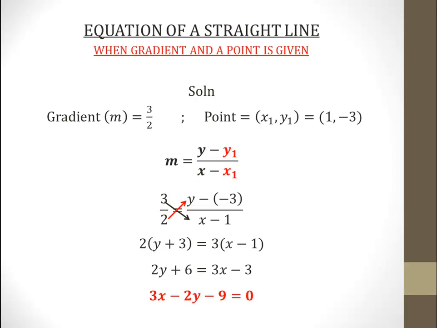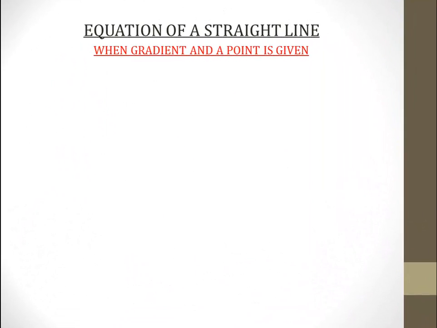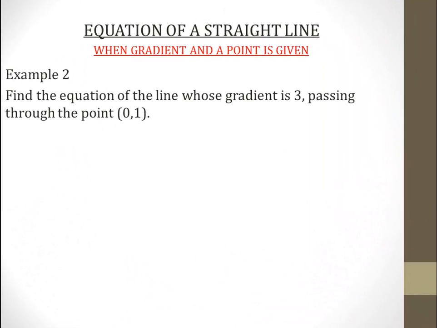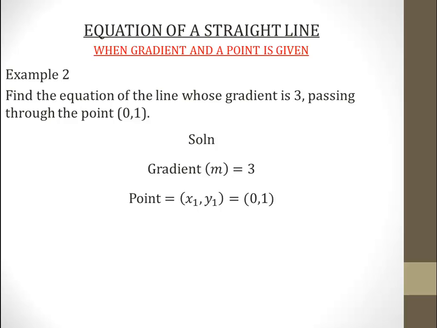Now let's try example 2. With example 2, we have the equation of the line whose gradient is 3, passing through the point (0, 1). So now we are going to write out our data. We have gradient to be 3, and then we also have our point, which is (x1, y1) to be (0, 1).